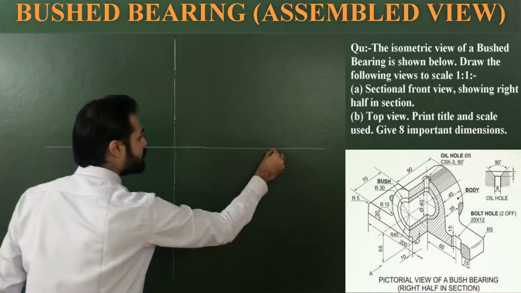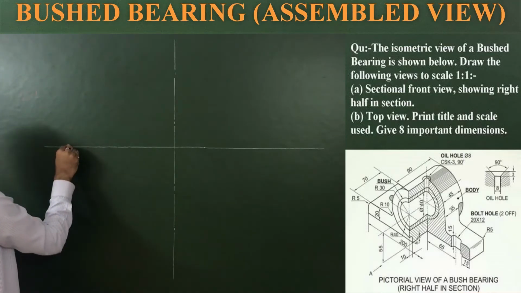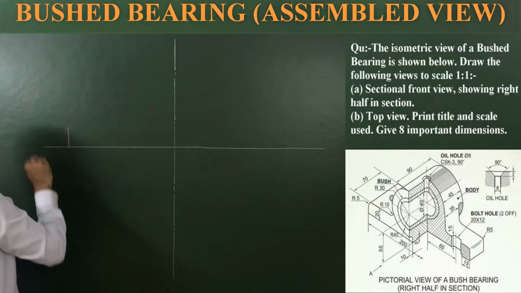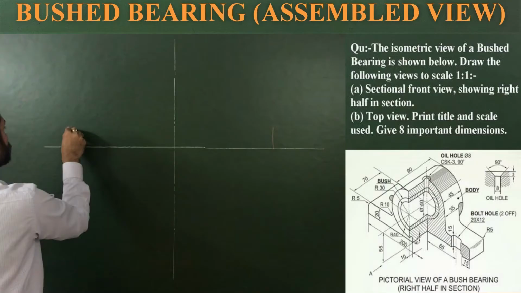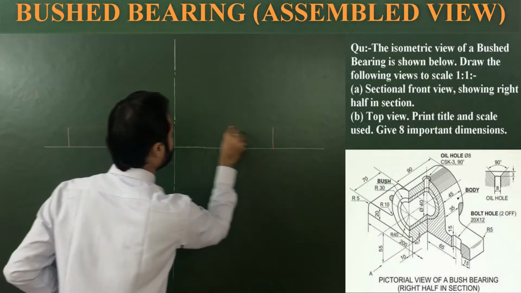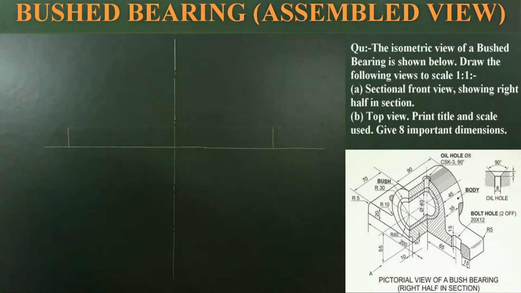And then the height of the base is 20. So from this point, vertically 20 up on both sides, and draw a line parallel to XY. So this is my base of the bearing.